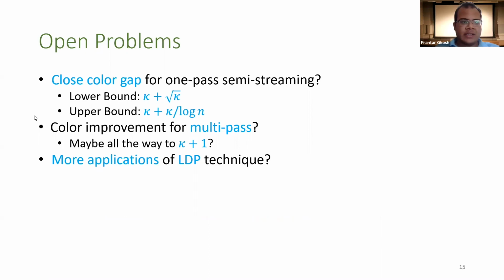We also ask whether we can improve the upper bound in the multi-pass streaming setting. If we want to improve it all the way to, let's say, kappa plus 1, how many passes do we need? And the last question is open-ended, which asks what other applications our main technical tool LTP can have for graph problems?